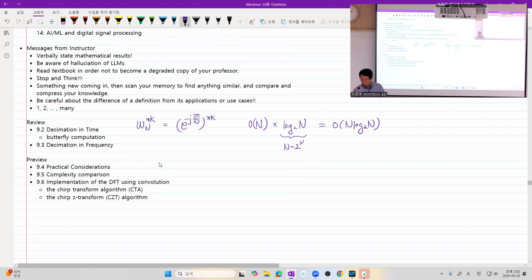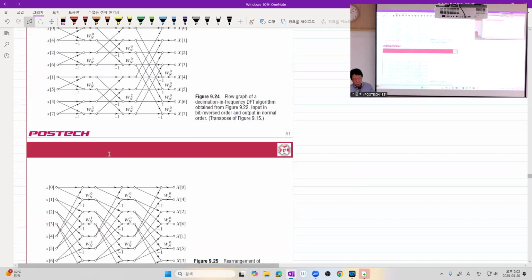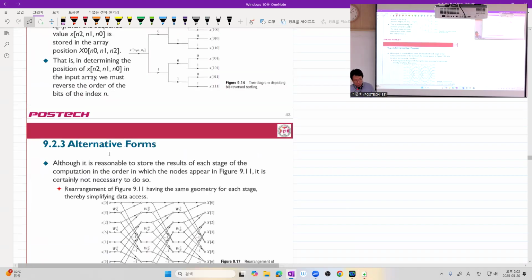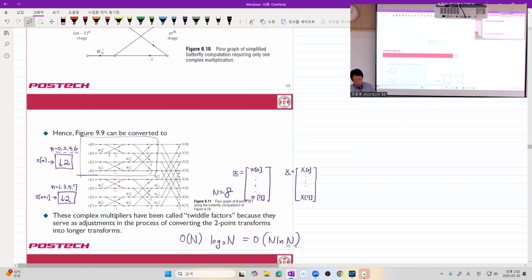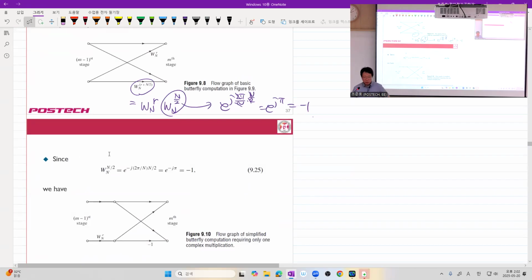In order to do that, we introduced a lot of tricks, and one of the tricks was related to the so-called butterfly computation. And if you don't remember that, let me show you the figure that corresponds to that idea. So this is the so-called butterfly computation idea.